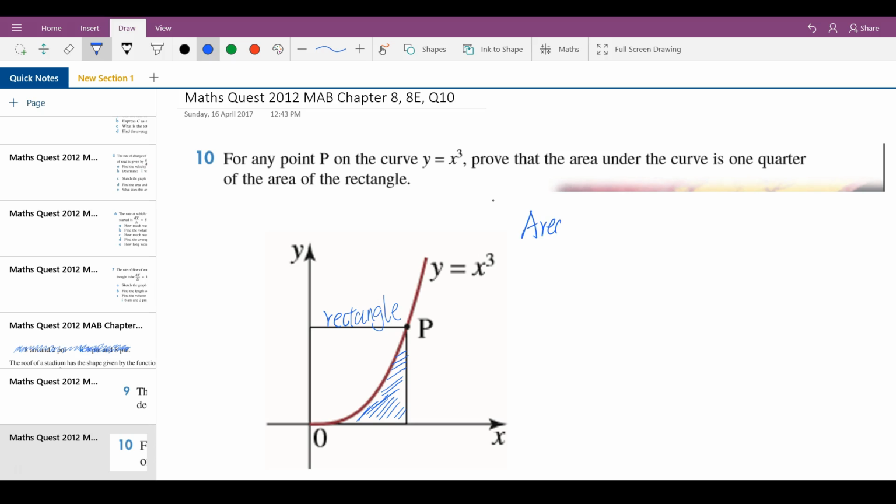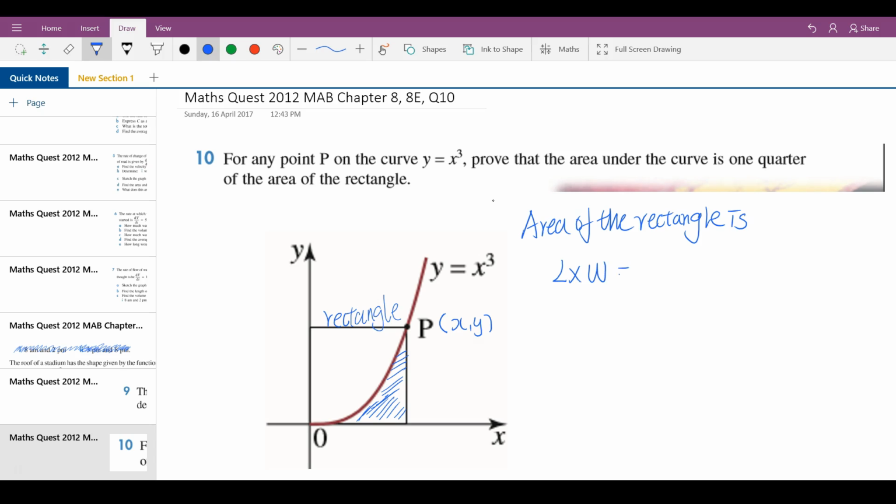So the area of the rectangle is... This coordinate here has the point of x and y. So the area of the rectangle is length times width.